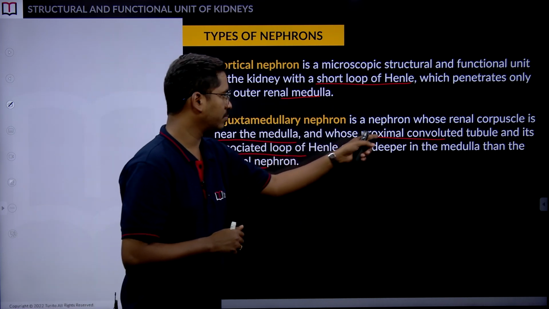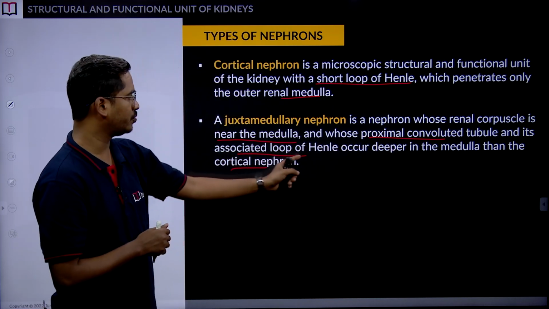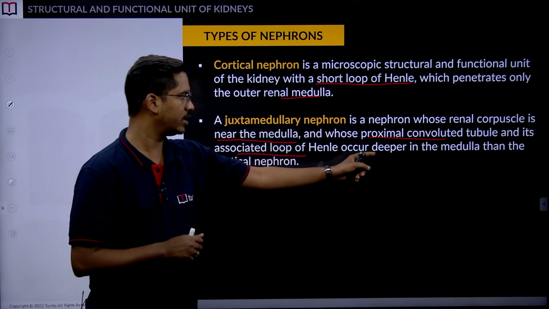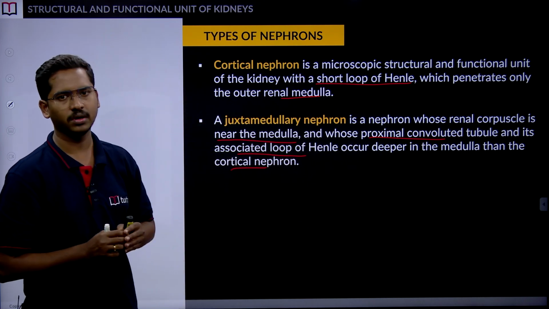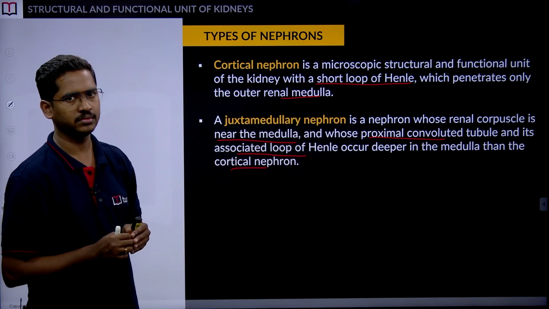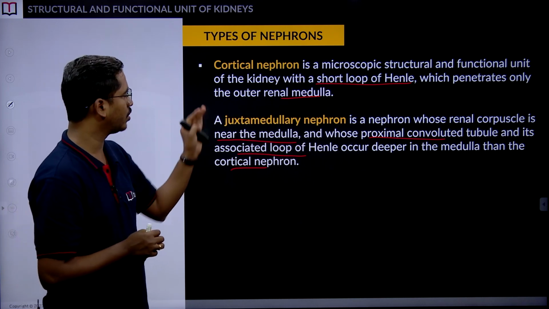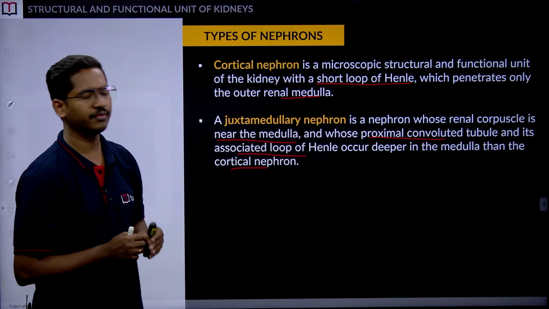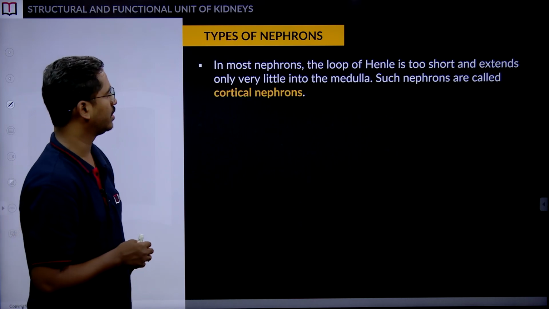And the PCT and the loop which you see, it is very deep in the medulla than the cortical nephron. So, that is the difference between the cortical nephrons and the juxtamedullary nephrons.